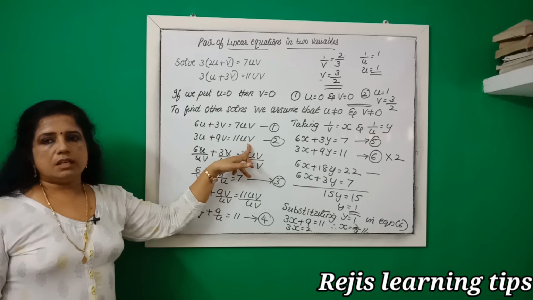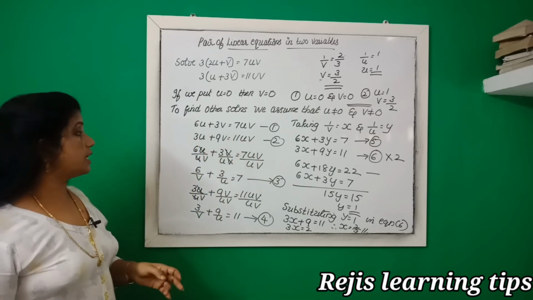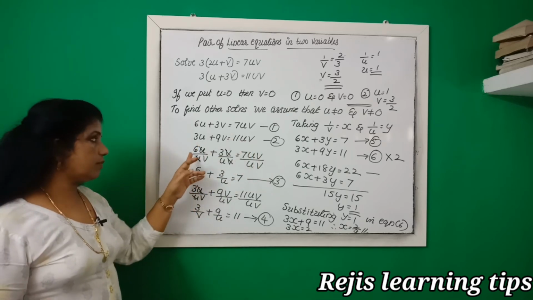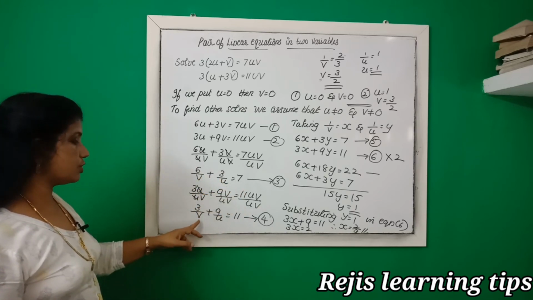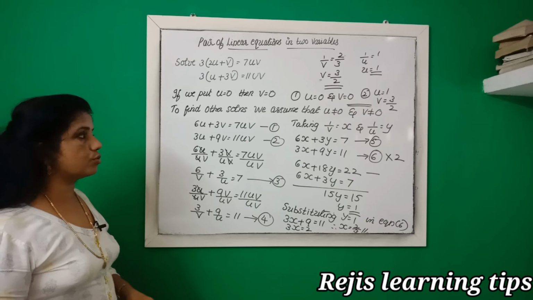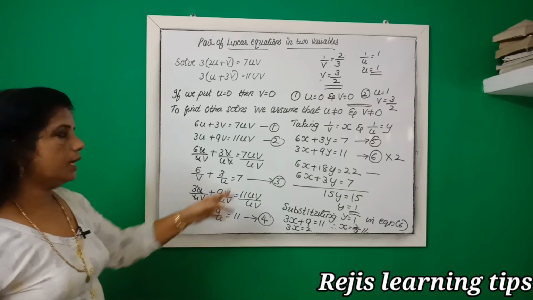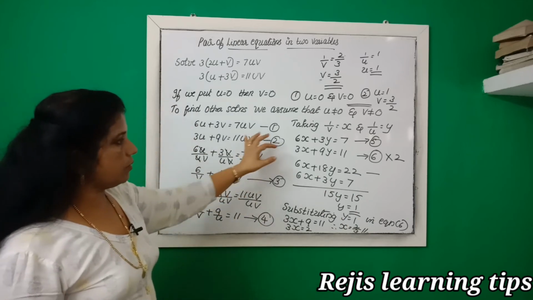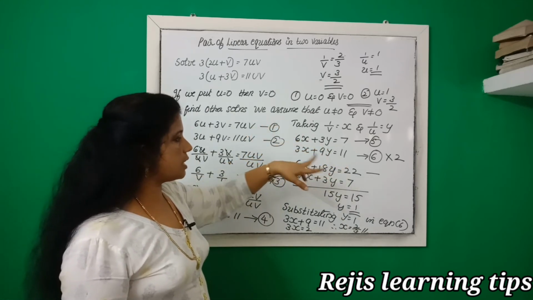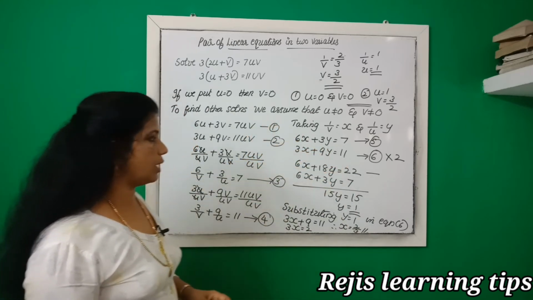On dividing each equation by uv, we get 6 by v plus 3 by u is equal to 7, and 3 by v plus 9 by u is equal to 11. Taking 1 by v is equal to x and 1 by u is equal to y, we get 6x + 3y is equal to 7 and 3x + 9y is equal to 11.